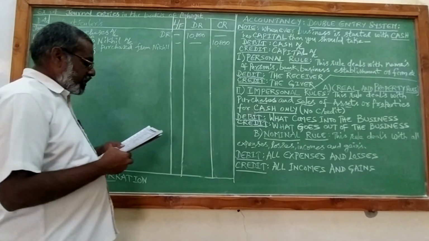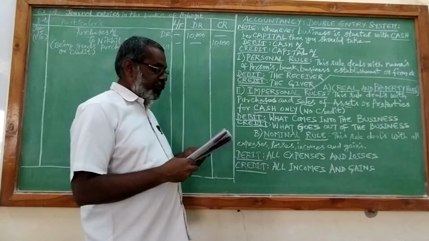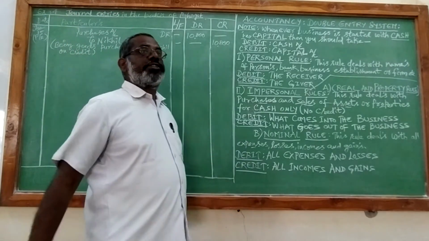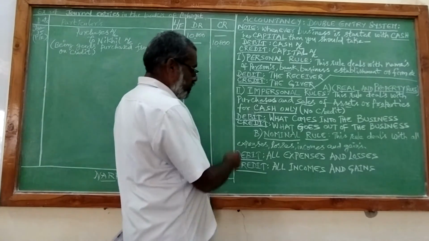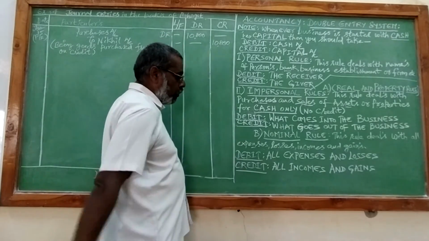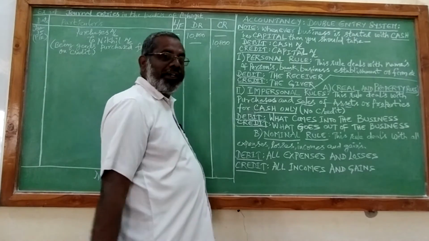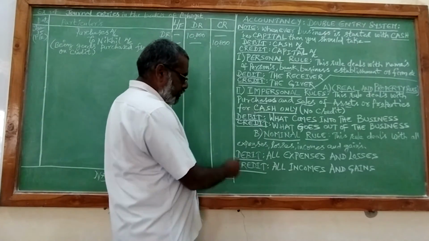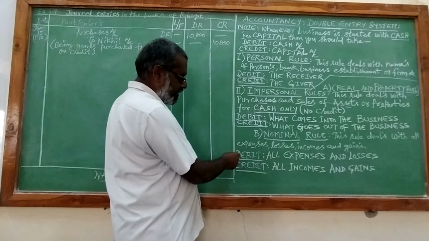And the next transaction is on January 18th, paid wages. That means it is a business expense. So it comes under nominal rule, because the nominal rule deals with all expenses and losses, incomes and gains. So here we will debit all expenses and losses.